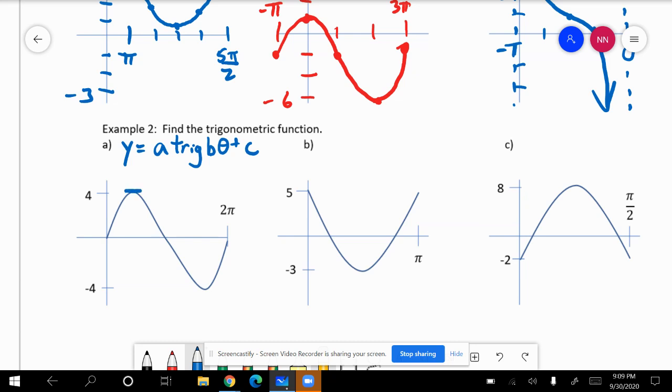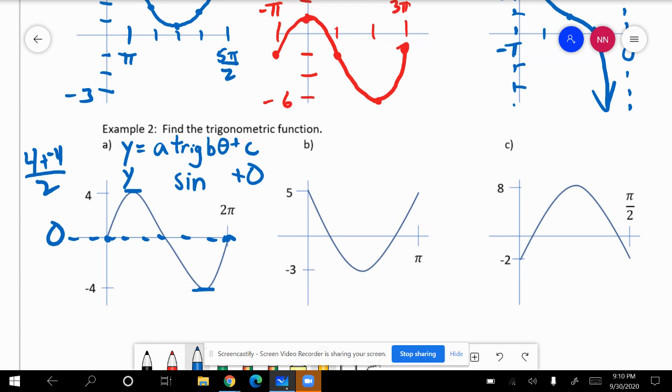So if the highest is 4 and the lowest is -4, that means that my midline is at 0. If you're not sure how to do it, you add them up and you divide by 2. So that means my equation, I'm going to add 0. I'm just putting plus 0. You don't have to put a plus 0. My trig ratio is going to be sine. And the reason that it's sine is because it starts in the middle, goes up, down, and then back to the same spot.